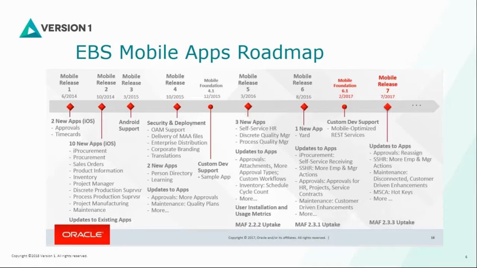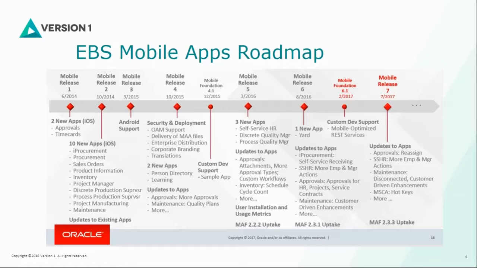This is the roadmap for the 18 applications. So you can see in June 2014, the first 2 apps, approvals and time cards were released, but for iOS only. 4 months later, 10 new apps were released with updates to the original 2. March 2015 saw the introduction of Android support with mobile release 3.